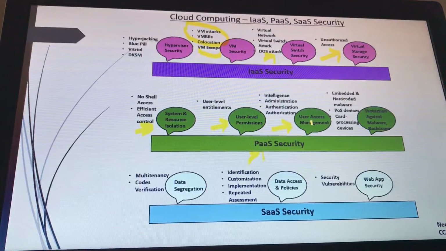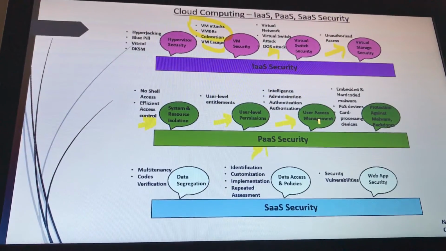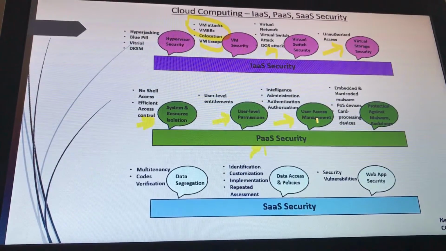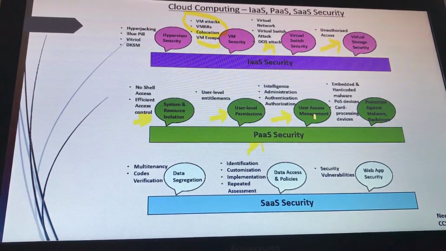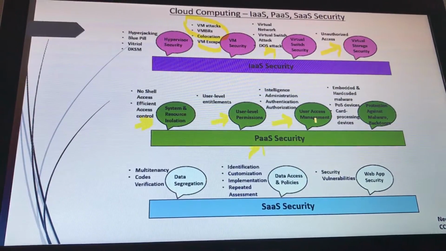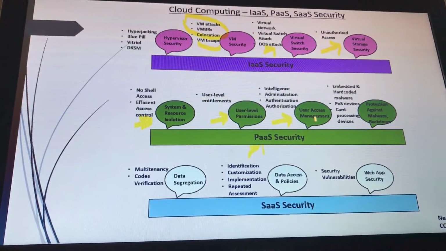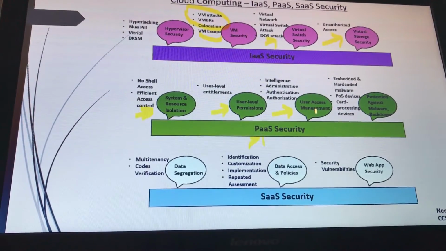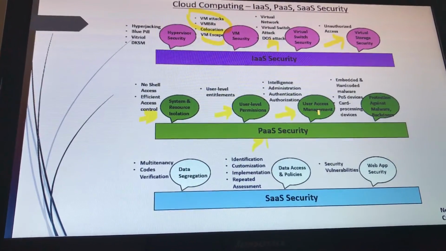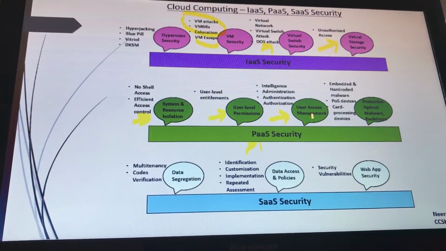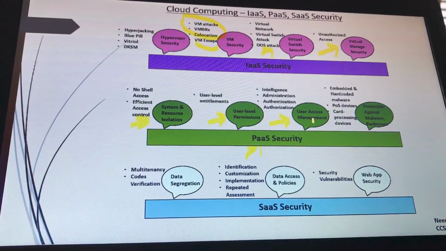Then we move on to user access management, where user access management enables users to access IT services, resources, data, and other assets. Access management helps to protect the availability, integrity, and confidentiality of these assets and resources. The key components of user access management are intelligence, administration, authentication, and authorization.